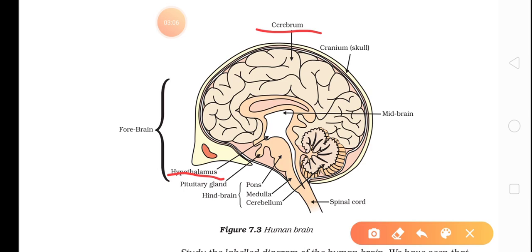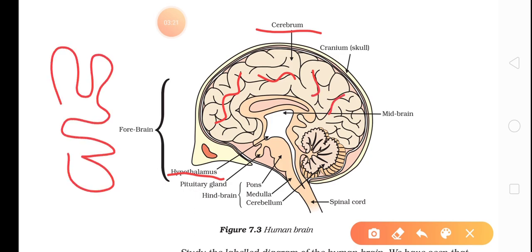Second thing is that this cerebrum is having many folds. You can see we have many folds. As the area gets folded, it increases the surface area, and this is the area where all our memories are stored.